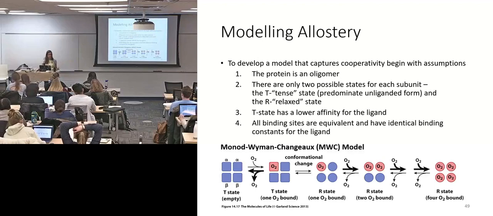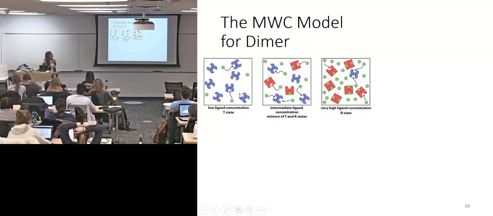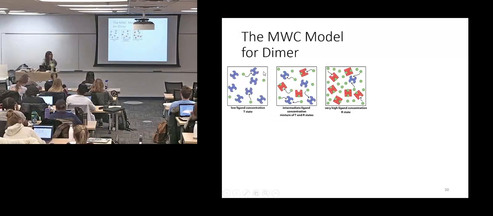Okay? So let's think about this model for just a dimer, okay? Two states, or I'm sorry, 2 subunits. So here we have a very low ligand concentration. If ligand concentration was very low, not very much stuff is actually bound. Your protein here, which now is a dimer and has 2 subunits that can each bind 1 ligand, is mostly all in the T state.